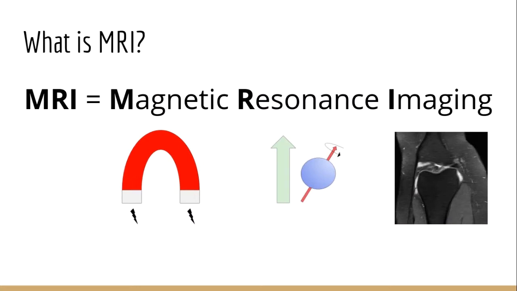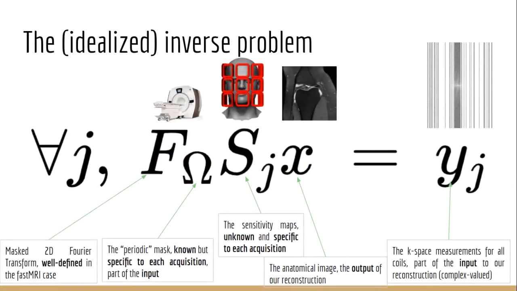And when we are doing MRI, what we obtain is not, like I said, the picture of the image. We obtain measurements, and these measurements, which are described here by y_j, have to be reconstructed in order to obtain the anatomical image of interest.